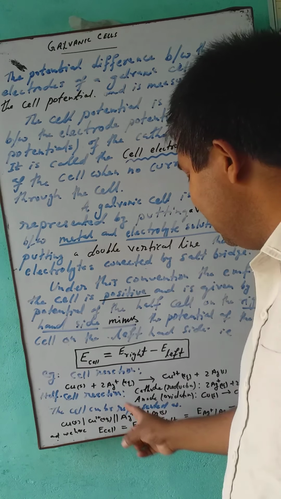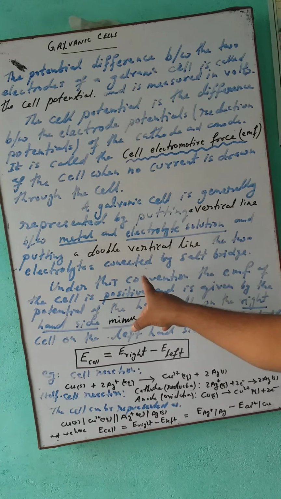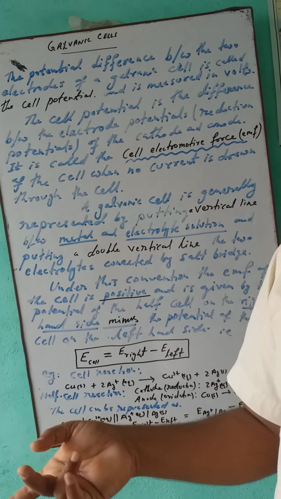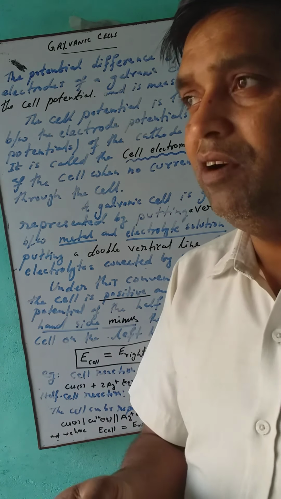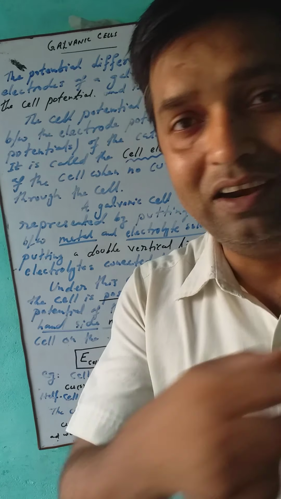So the cell can be represented by the rules I have given you. Metal and salt solution are separated by a single vertical line, and the salt bridge is indicated by double vertical lines.